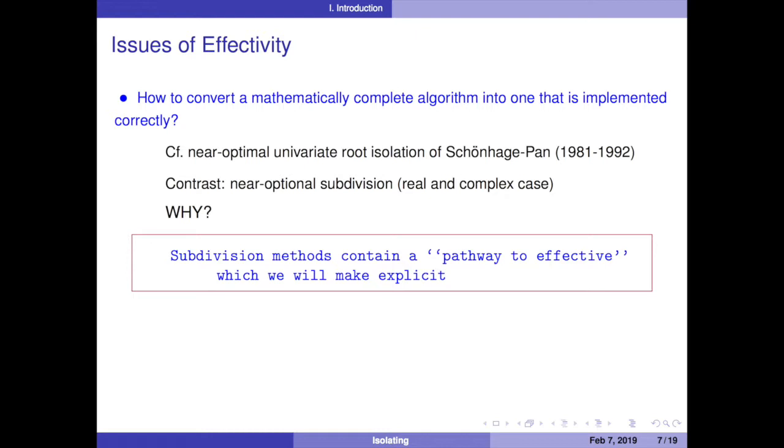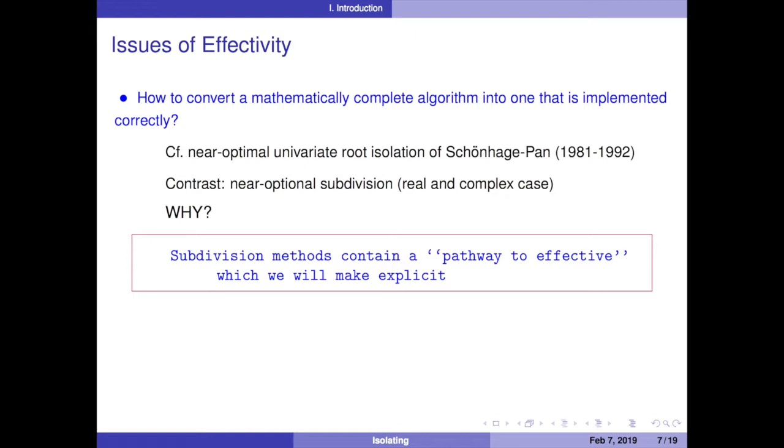And what is the reason? Here's my top-level description: subdivision methods contain a pathway to effectivity. Somehow it is there, and if you think hard about it, you'll get it. And partly in this paper, we're trying to make this effective pathway more explicit so that in the future we can exploit it.